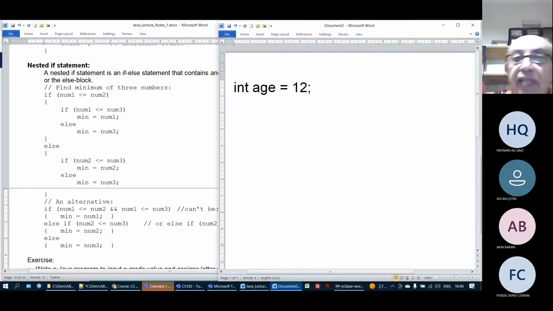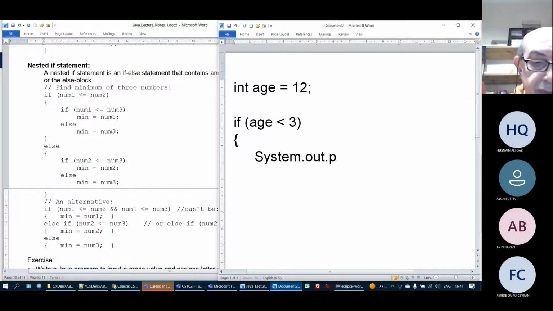If the age is less than, for example, 3, 1 or 2, it's a baby. So I will have if age less than 3. Let's print, for example, System.out.println baby.